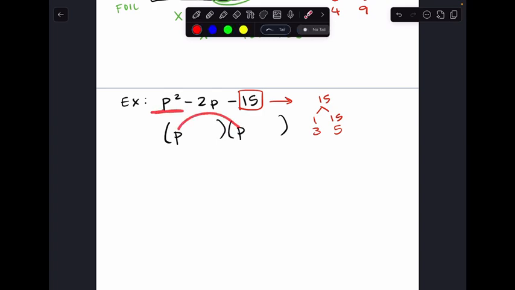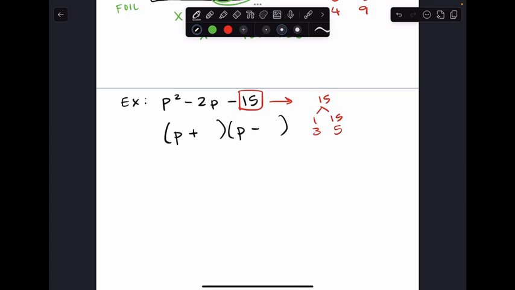because p times p gives you the p squared. And now you notice this is a minus 15 instead. So because this is a minus, you have to look at your combination and see which pair would subtract to give you this right here, a 2. In this case, a negative 2. So I'm going to go ahead and put my plus and my minus here already.